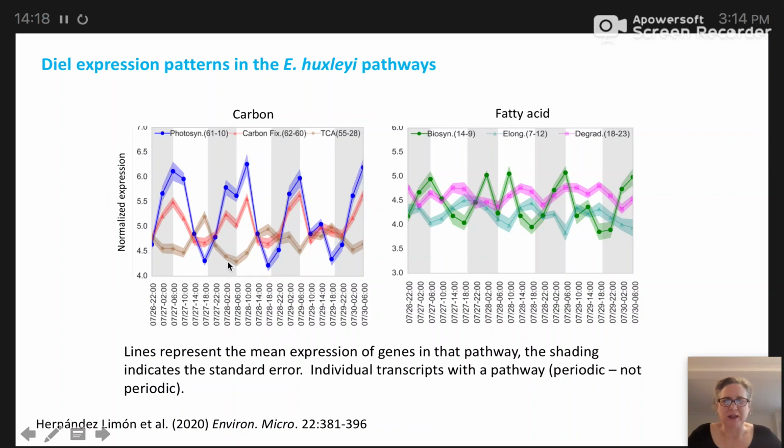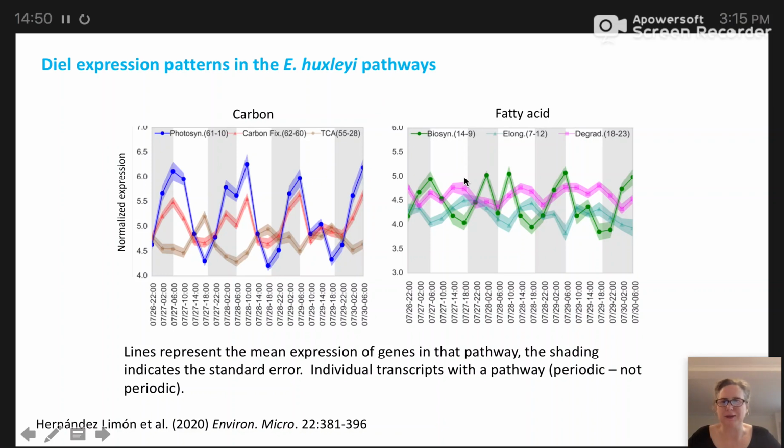And the TCA cycle shown here in the brown peaks later in the late afternoon, and you can just again envision the carbon being fixed and then moving through metabolism over the course of the day for these populations. We see phased transcriptional patterns for pathways in fatty acid metabolism as well, for example, biosynthesis, followed by elongation and degradation later in the day.